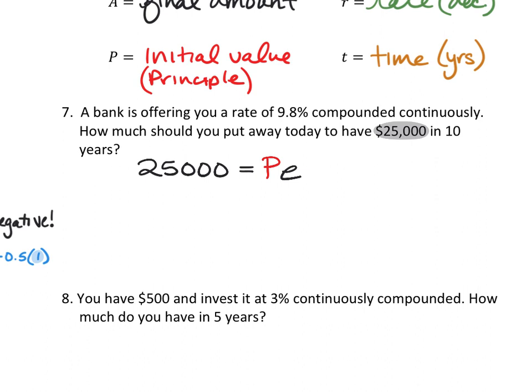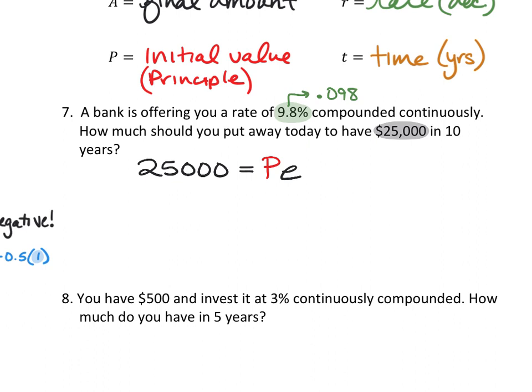We're going to have e to the RT power. What is R? The rate. But do I put the number 9.8 in there? No. What number do I use? 0.098. Very good.